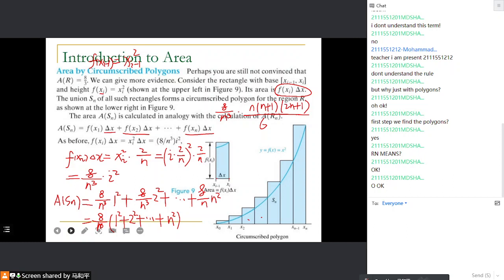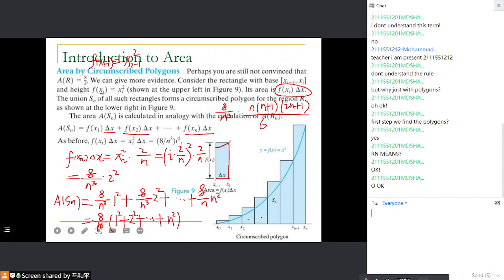Circumscribed. So we should notice that here the base is still xi minus 1 to xi, but the height is equal to f(xi). This is y equals xi square. This is the curve. So we have the height is this. The base is xi minus 1 to xi. The height is f(xi).